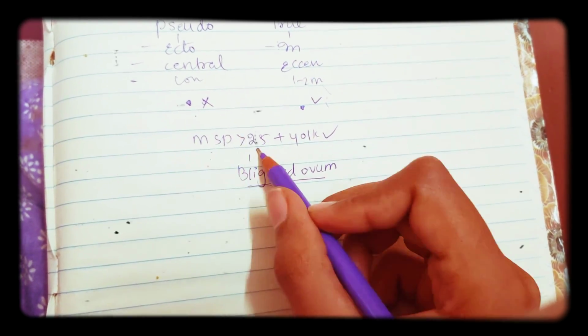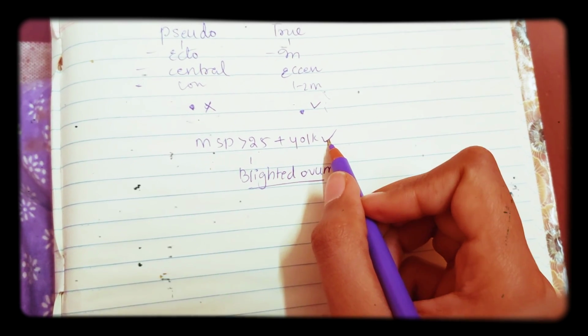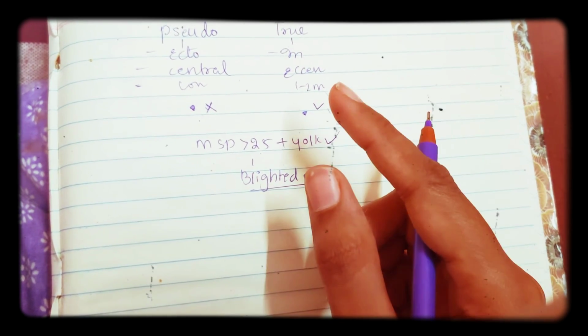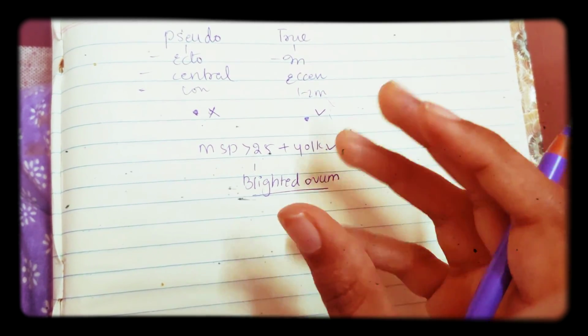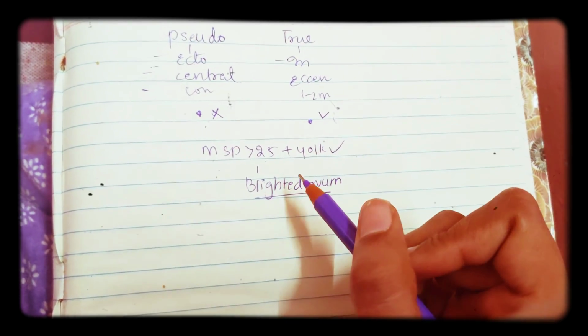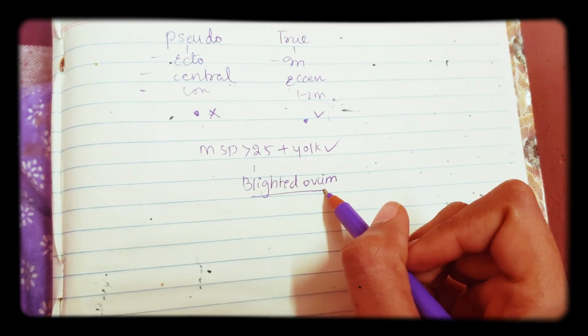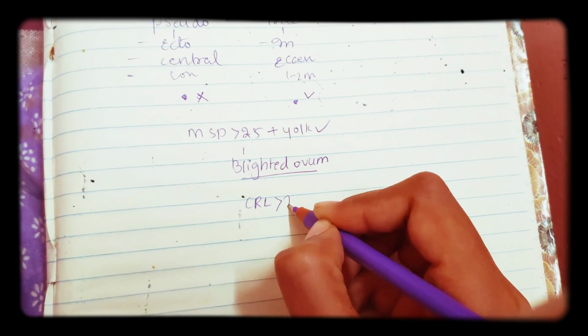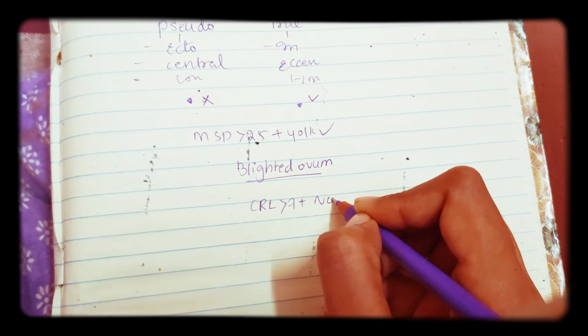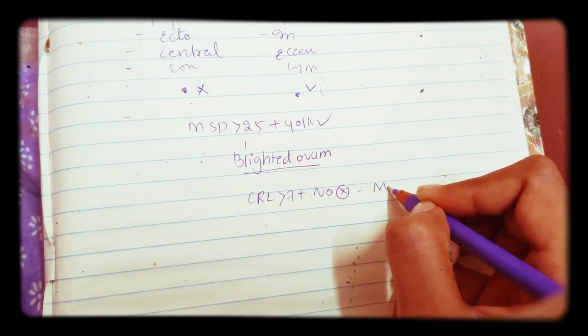Here the MSD value is greater than 25, fetal tissue is absent, crown rump length is absent, cardiac activity is also absent. So this is blighted ovum or anembryonic pregnancy. Now coming to CRL, if CRL is greater than 7 and no cardiac activity, then this is called missed abortion.